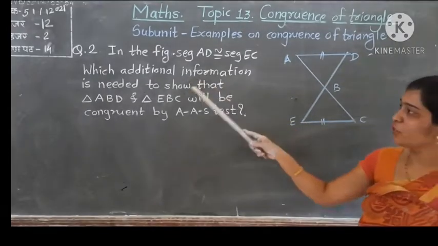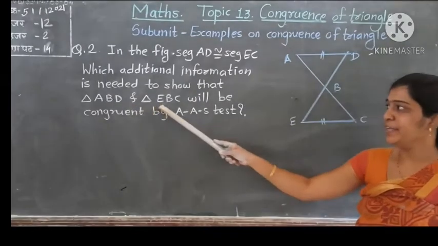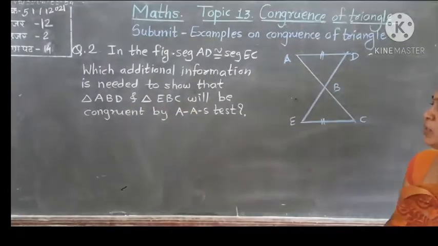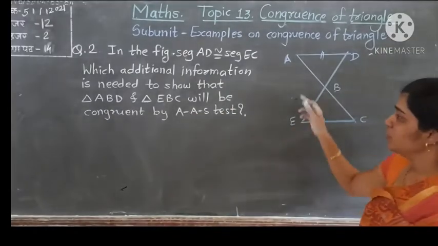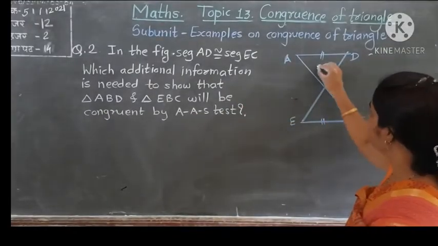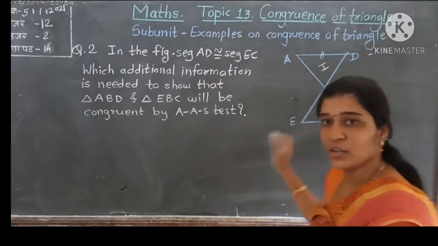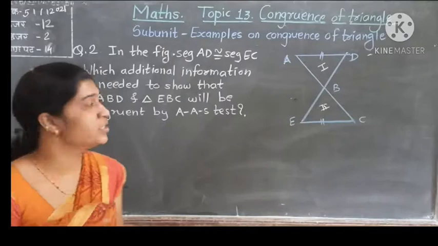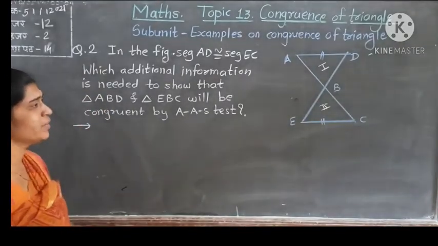Which additional information is needed to show that triangle ABD and triangle EBC are congruent by AAS test? See, triangle ABD is the first triangle and EBC is the second triangle. We have to make these two triangles congruent by AAS test. So which information is needed here?